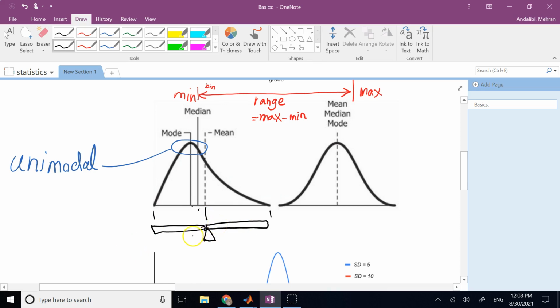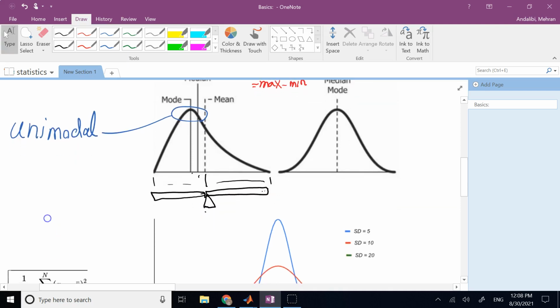What does it mean? It means the sum of the distances between the data on the left side to the average is equal to the sum of the distances from the right side to the average, correct? So summation of xi minus x bar, as i goes from 1 to n, when n is the number of data points, this is equal to what? 0.